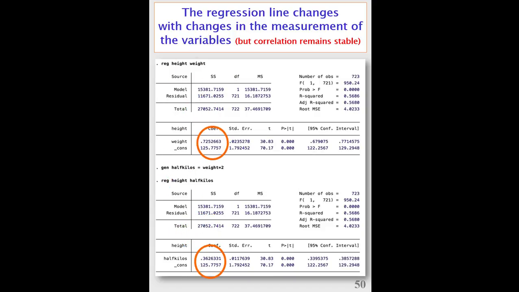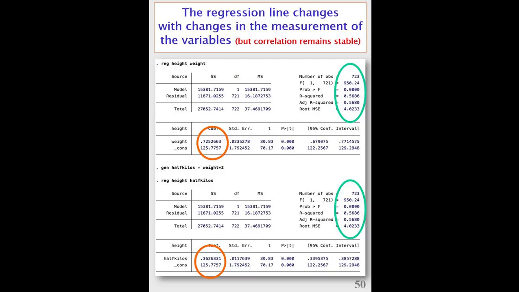We do see differences here. This coefficient now changes, and it is, not surprisingly, now exactly half what we had there. So these coefficients do change, but how well the model fits, none of that changes. So any change in the unit that you use to define your variable shouldn't matter at all for how well your model fits. And if you think you found that, then something went wrong.